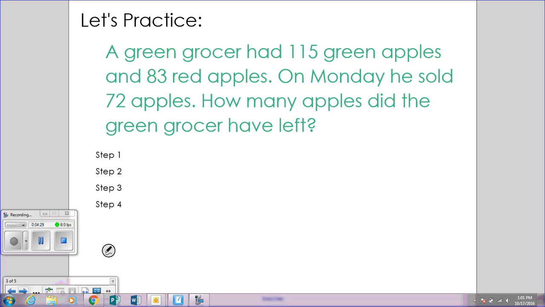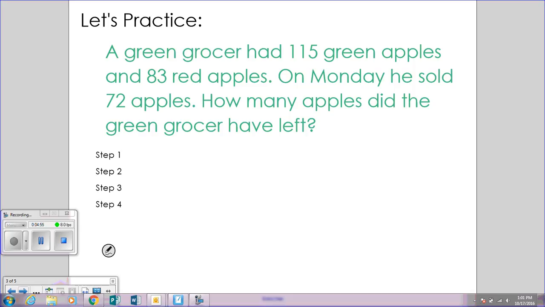On Monday, he sold 72 apples. How many apples did the green grocer have left? Okay. So I know he had green apples and red apples, and then he sold some apples. So I need to know how many he has left. Does that make sense to you? Do you understand what you need to do?